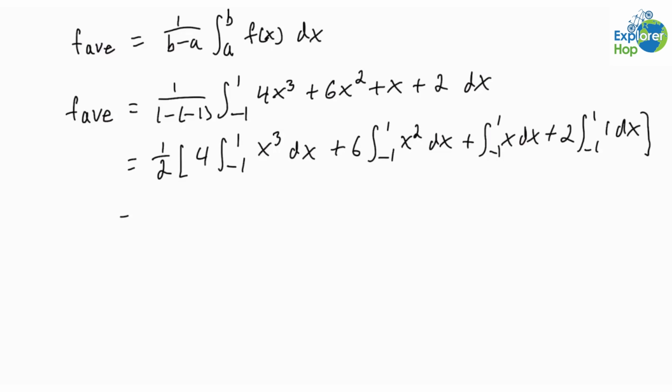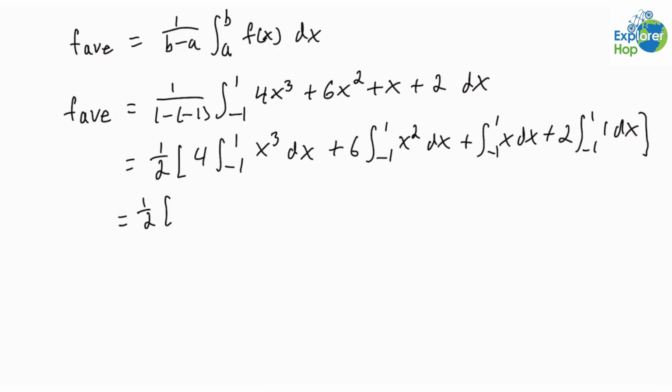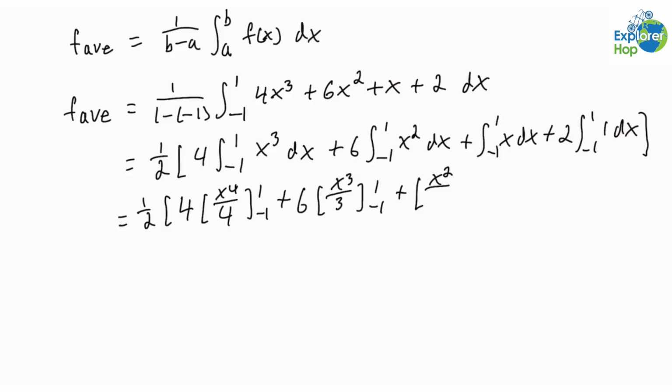So this is equal to 1/2 times 4 times x to the power of 4 over 4 evaluated from -1 to 1 plus 6 times x cubed over 3 evaluated from -1 to 1 plus x squared over 2 evaluated from -1 to 1 plus 2 times x evaluated from -1 to 1.